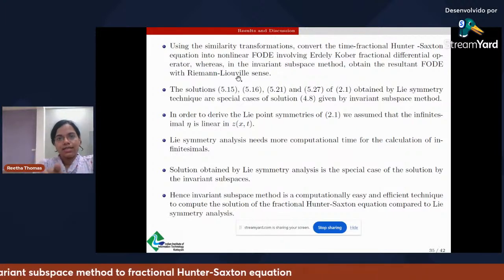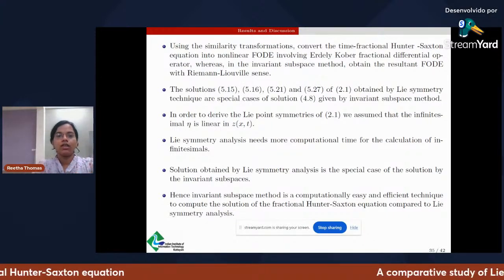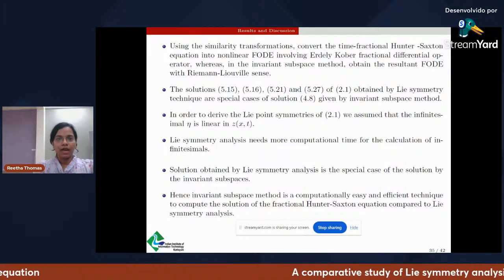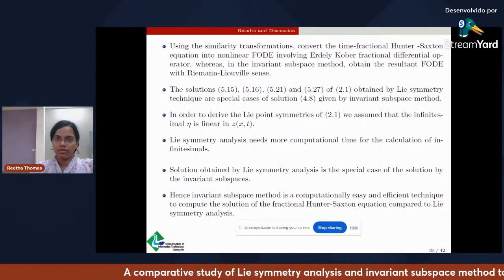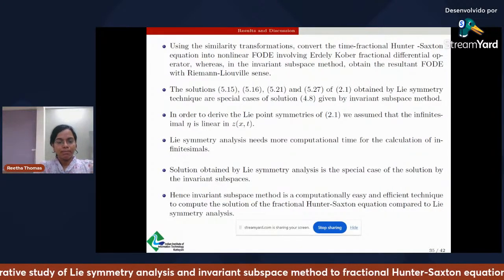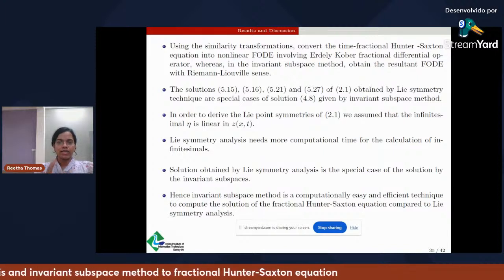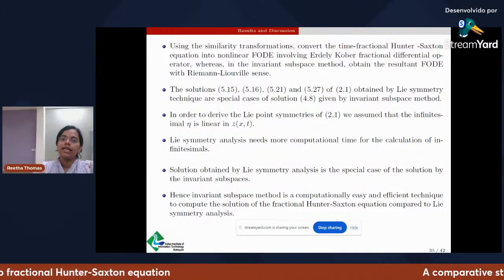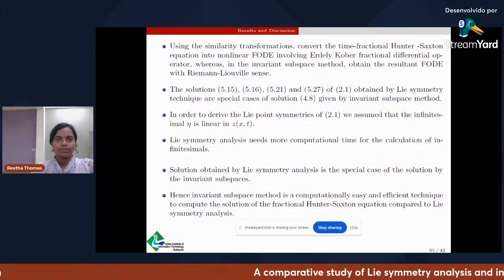The difference is that in the invariant subspace method, we can reduce the fractional PDE to a fractional ODE, which consists of the Riemann-Liouville derivative. And in the Lie symmetry analysis, the fractional PDE is converted to a fractional ODE using the similarity variable and similarity transformation, with the fractional derivatives being Erdélyi-Kober and Riemann-Liouville. Both occur.